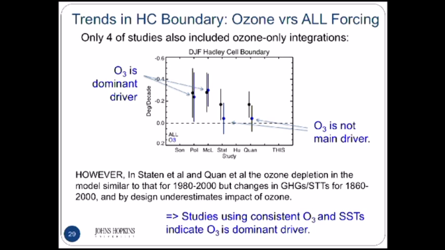And it turns out the stratospheric ozone depletion they put in was like 50% of the observed. They'd used ozone from their own chemistry climate model, which had a bias in it, and that meant that their ozone depletion was much less. So it's perhaps not surprising they get a smaller signal. They also used a different time period, which I'll come back to.